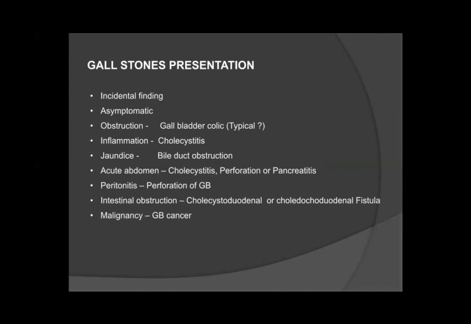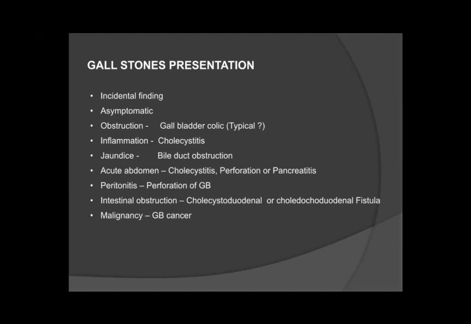So that is known as an incidental finding. He had no symptoms, no presentation, no signs or symptoms at all, and on ultrasound we found out that gallstones are present, hence they'll be known as an incidental finding.